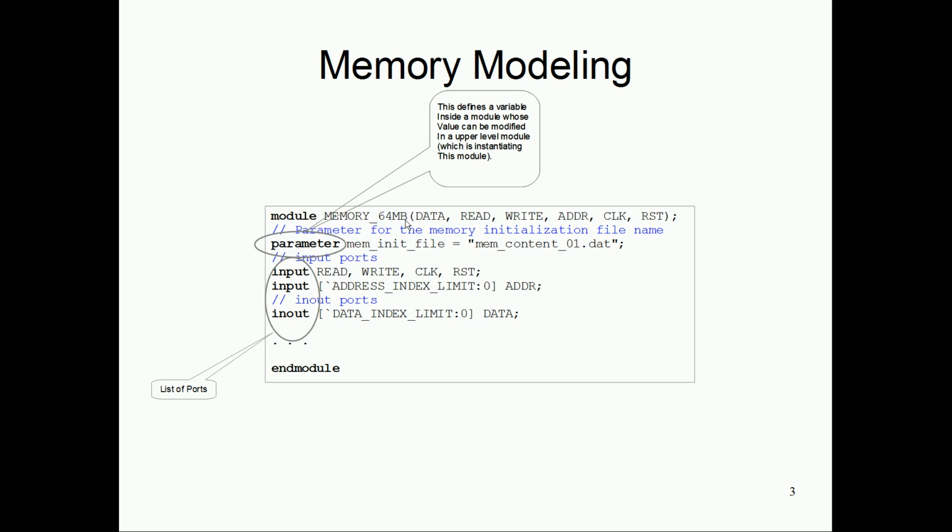But when we instantiate this memory in some upper block in the hierarchy, we can always redefine the value of this parameter. We can just say memory content 2.dat, so that whenever this is instantiated, the parameter value will be memory content 2.dat.